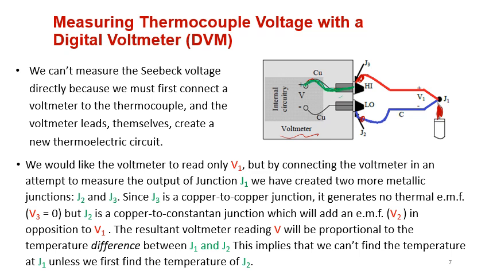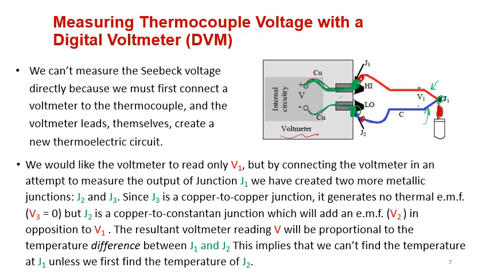So we now have a junction between the material red and the blue, this junction, and a junction between the red and the green, and another junction between the blue and the other green, because inside the voltmeter the wire will be copper.